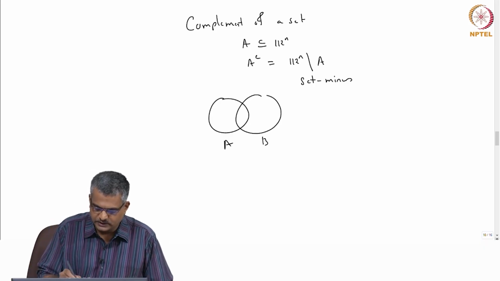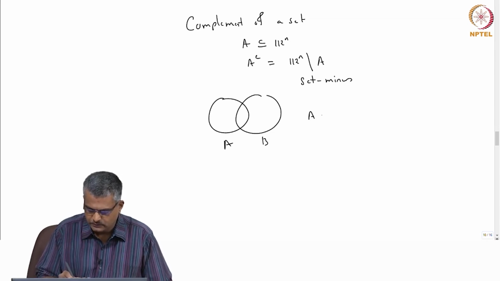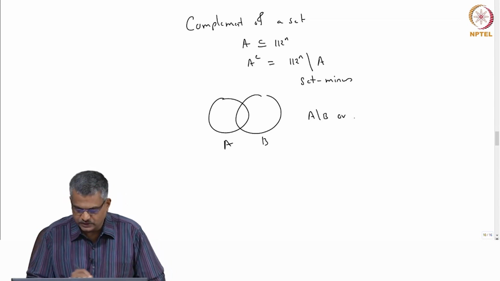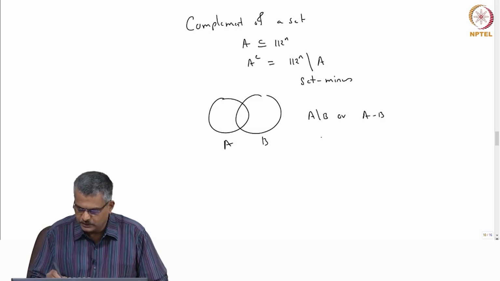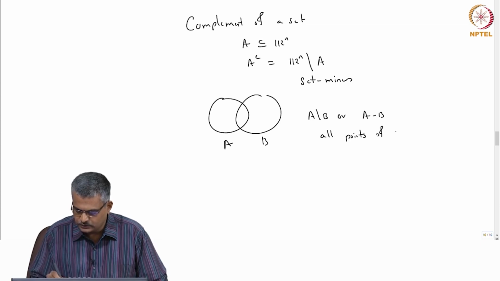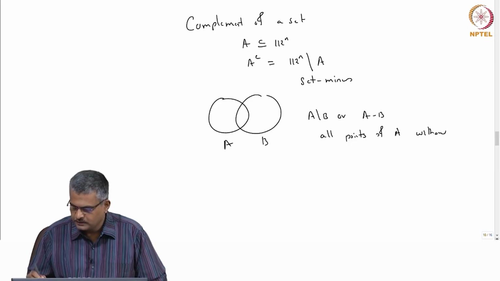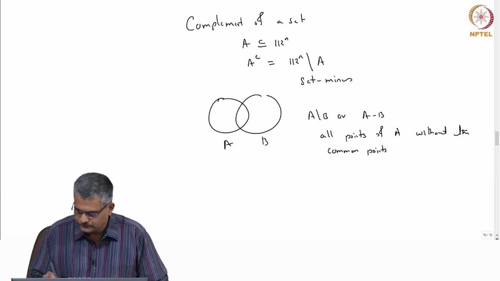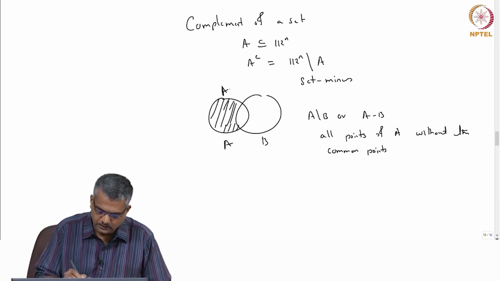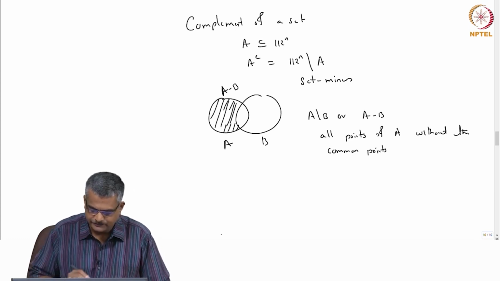If I have two sets A and B and if I have a non-empty intersection, then A minus B is nothing but all points of A without the common points. So, in this example, this is the A minus B.